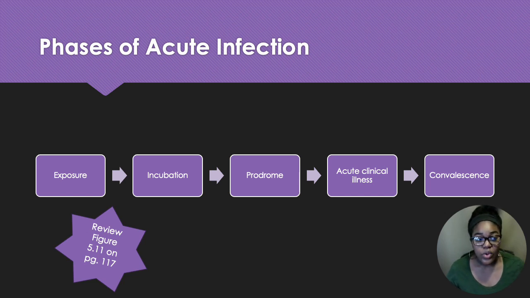So this is where your chain of infection has completed itself, and now you have the individual that is exposed, or your susceptible host is exposed and now will be exhibiting the signs of infection. So first you start with your exposure, and then you have your incubation. So this is where that bacteria or pathogen, virus, whichever microorganism has infected that individual, that's where it sits and it starts proliferating.